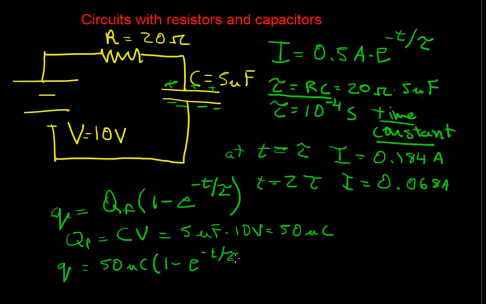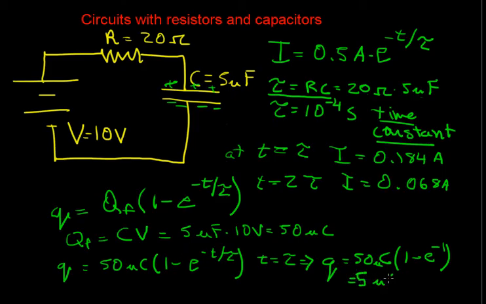And so the charge on the capacitor is equal to 50 microcoulombs times 1 minus e to the minus t over tau. And when t is equal to 1 time constant, this just gives Q is equal to 50 microcoulombs times 1 minus e to the minus 1, and that gives us 50 microcoulombs times 0.632.